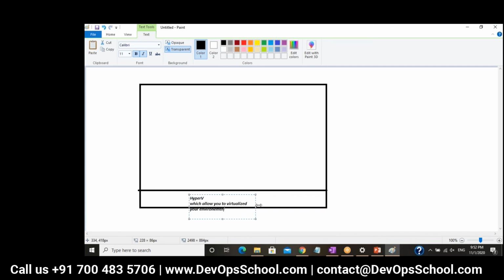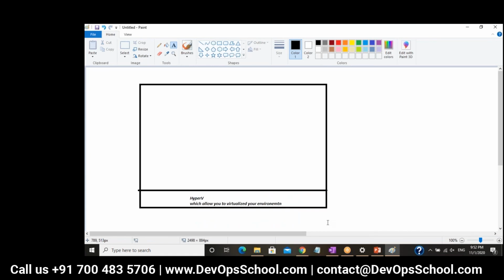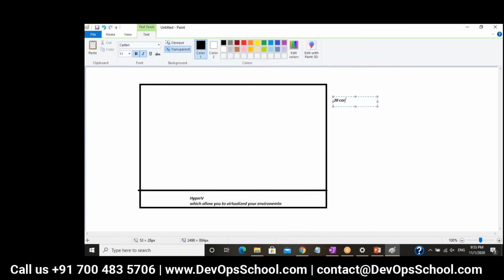When we say virtualize, like if you buy a huge hardware with around a 20 core processor and 500 GB of RAM, and on top of that, I'm running a single machine, a single application.